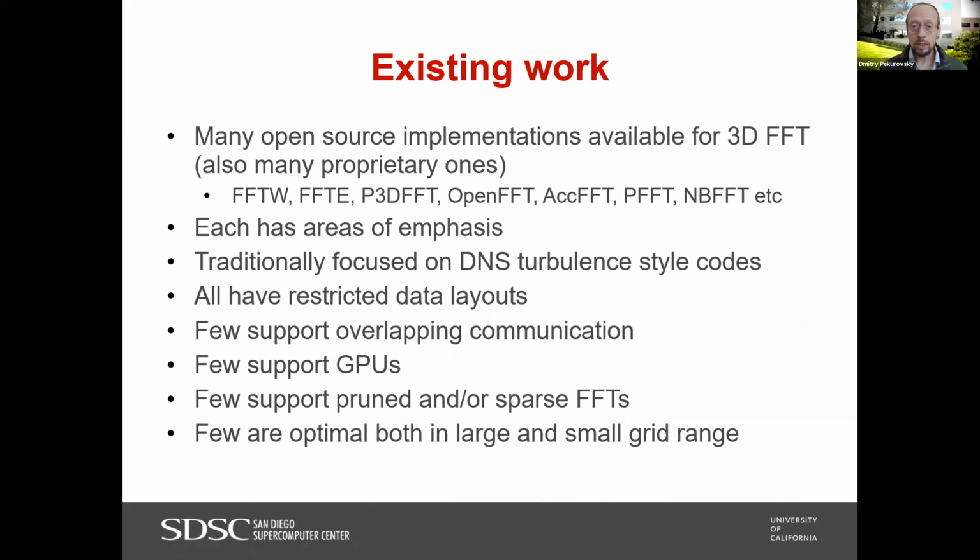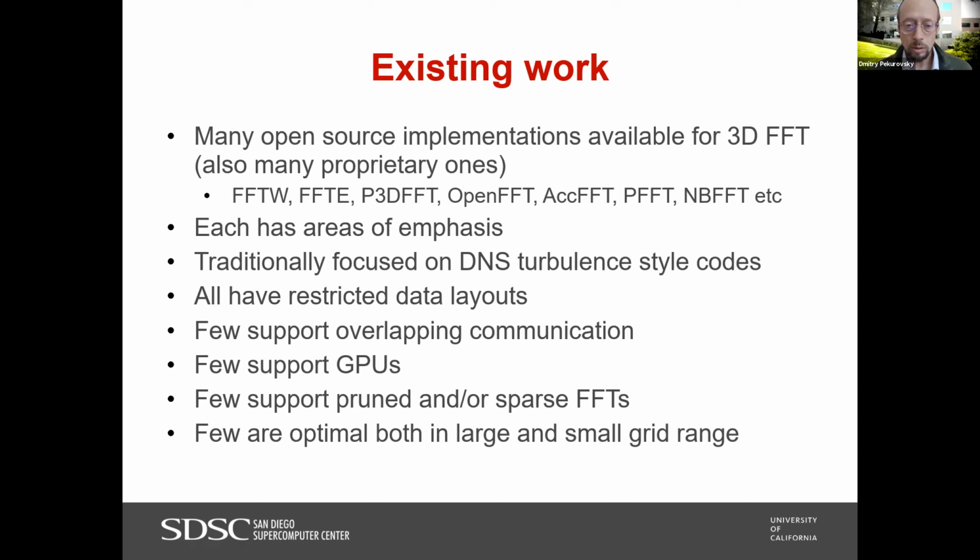I should be fair and say that there are, of course, many open source implementations already available for 3D FFT, many libraries, as well as many proprietary ones. Each has its own areas of strength. Traditionally, they're focused on DNS turbulence style codes, and so they have a narrow range of data layouts that they use.